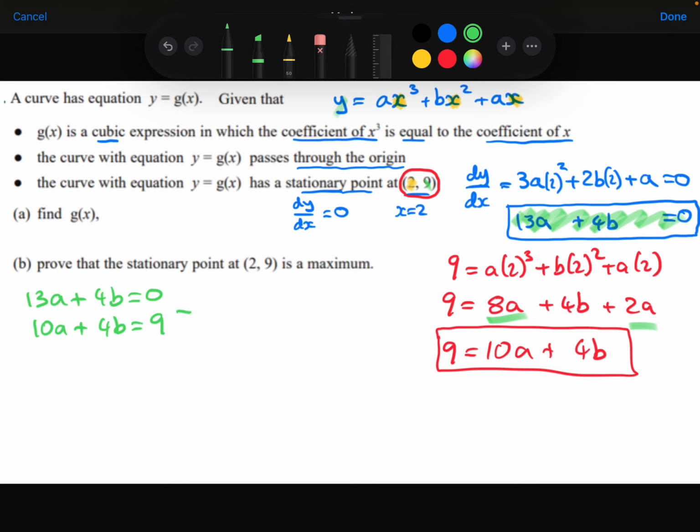And if I subtract those from one another, that's going to eliminate the b's. So 13a take away 10a is 3a. The 4b take away the 4b is 0. And the 0 take away the 9 is negative 9. Divide both sides by 3. And I've found that a has to be negative 3.